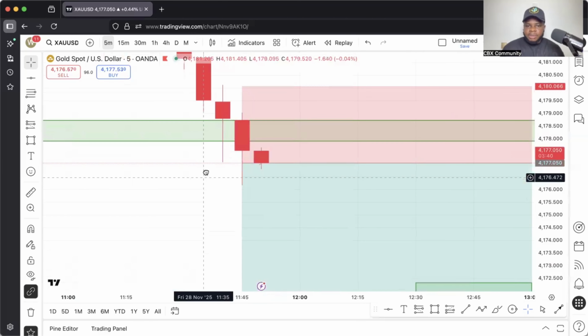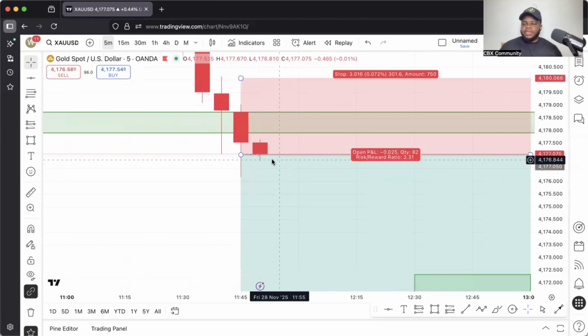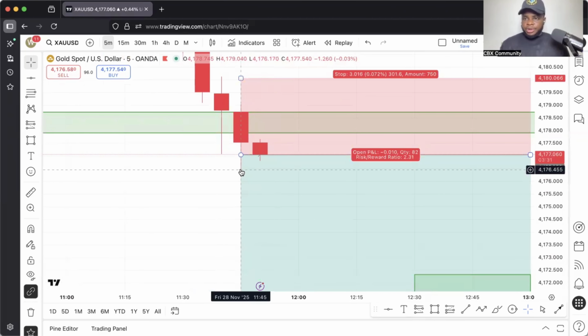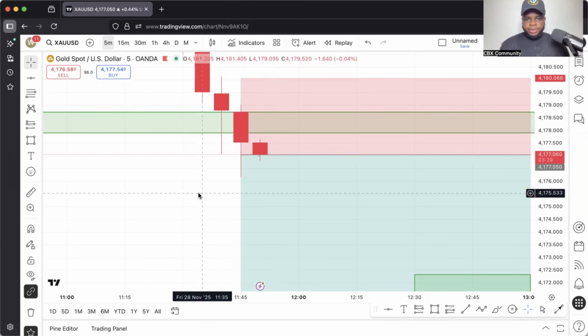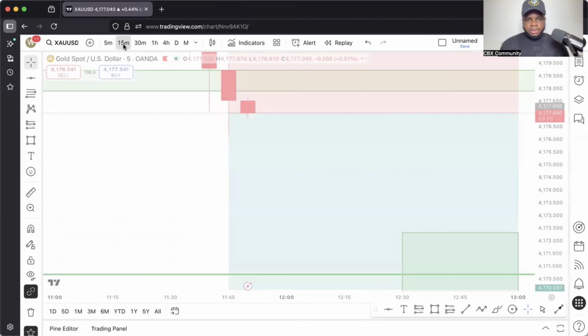Since there is volume in the market, I'm anticipating the candle to continue to drop down and break the low of this bearish candle, to continue to come down to our TP. So let's just be patient. Know what you want from the market and know how you want it before you decide to take a position.